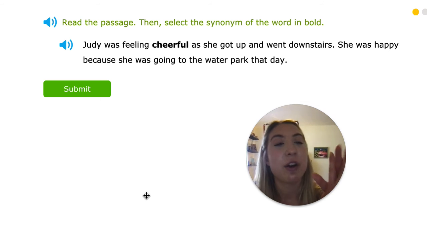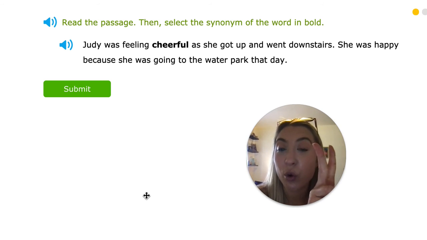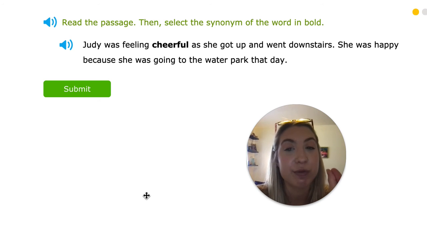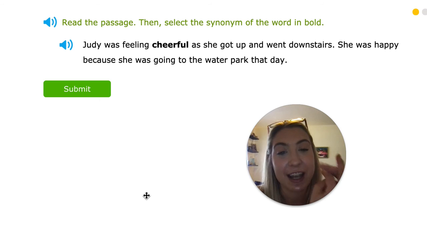Today it's going to consist of 2 questions. The first thing we want to do is read the passage and then select the synonym of the word in bold. Here we have: Judy was feeling cheerful as she got up and went downstairs. She was happy because she was going to the water park that day. We have to find the synonym of cheerful.